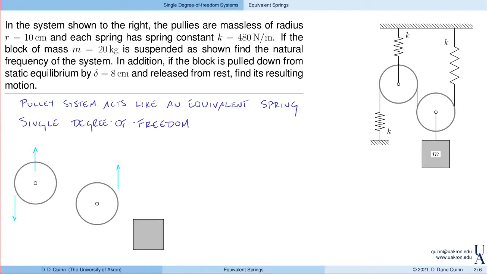So we have spring forces, and these forces arise from the three springs. We'll call those F1, F2 and F3.